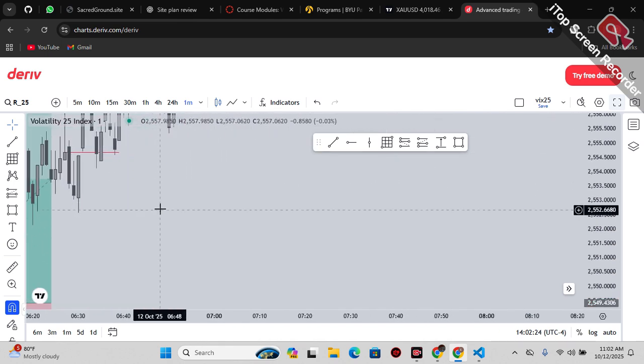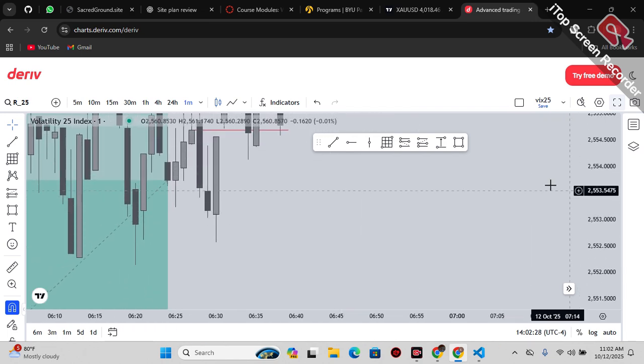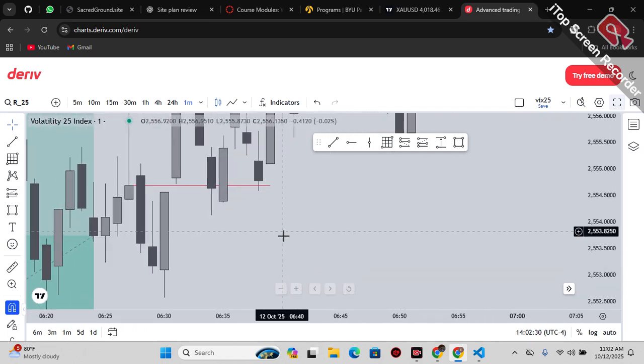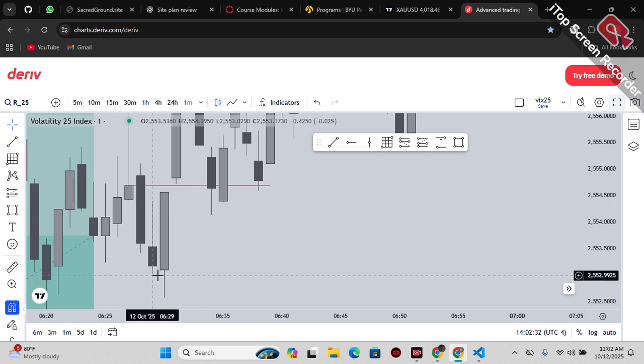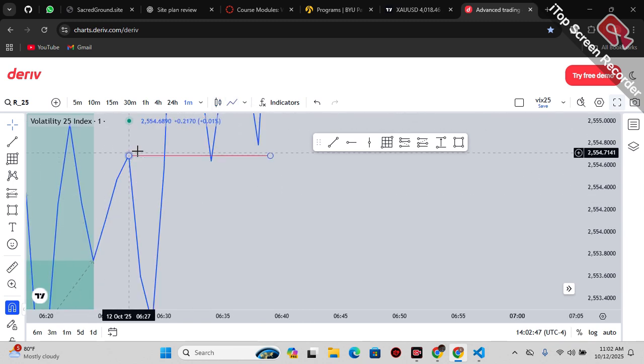So this one had, yeah, there was liquidity. Now the question here is, why didn't I take here instead of here? Now, if you look at this, this is the A-shaped level, right? On the line chart, this is our A-shaped level.